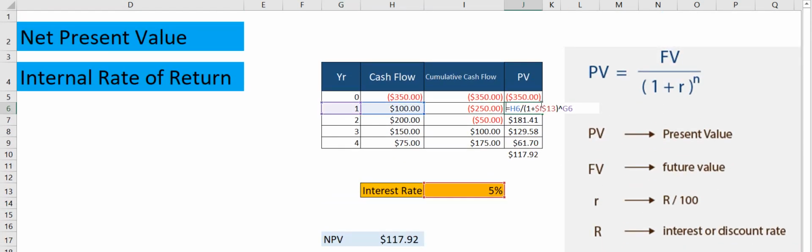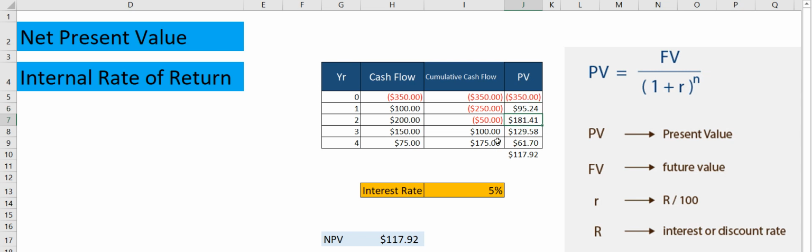So what we have done here is $100 divided by 1 plus the interest rate, which is 5%, raised to the power of 1. This is the formula that we have taken. The $100 after a year is now $95 for us. That is the meaning of present value.